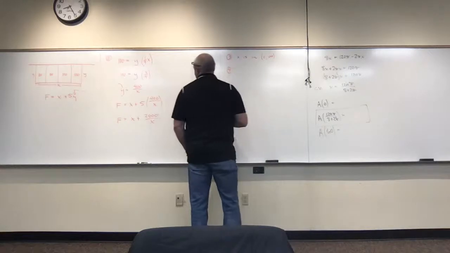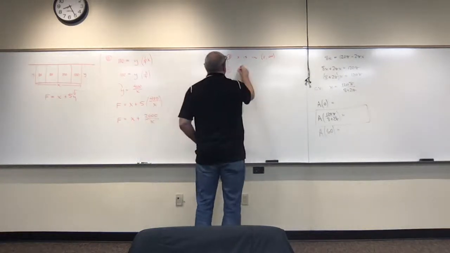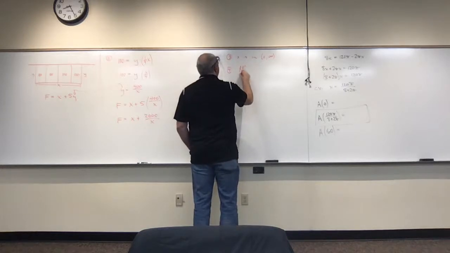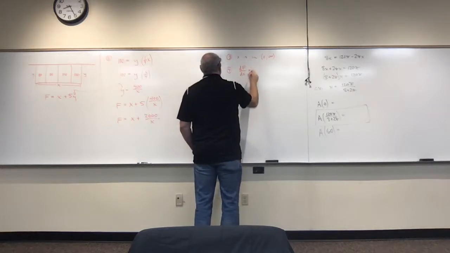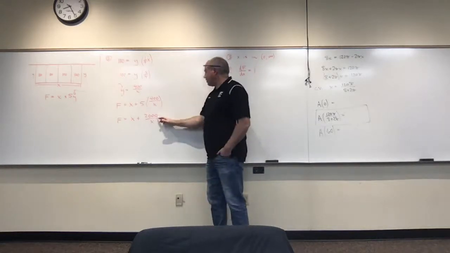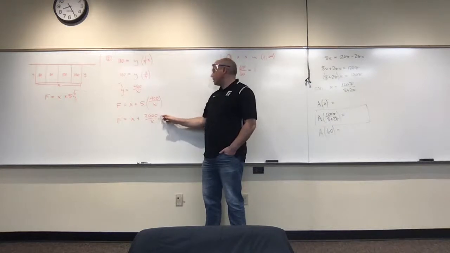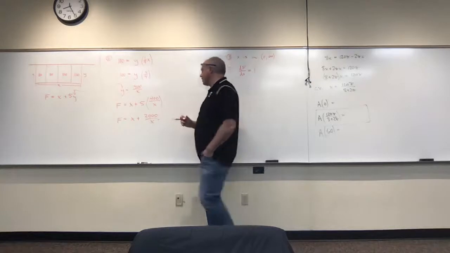So we go to calculus. We say, okay, let's take the derivative of this guy. So I get that the derivative of F with respect to X is equal to 1 and then this is 2,000 x to the negative 1. The derivative would be minus 2,000 x to the minus 2.